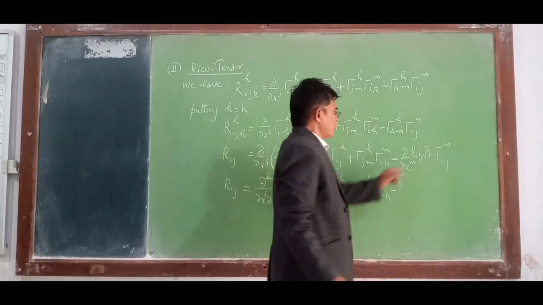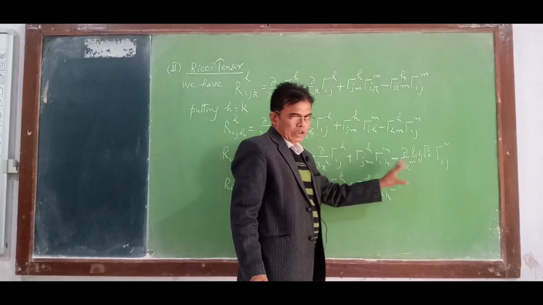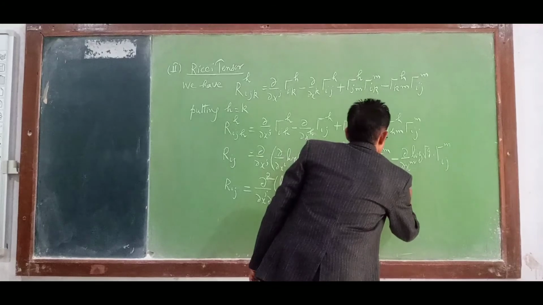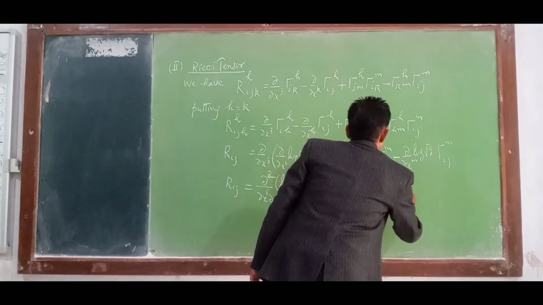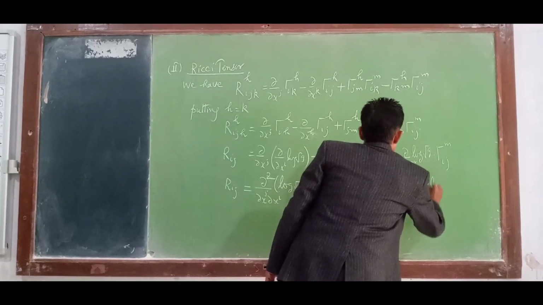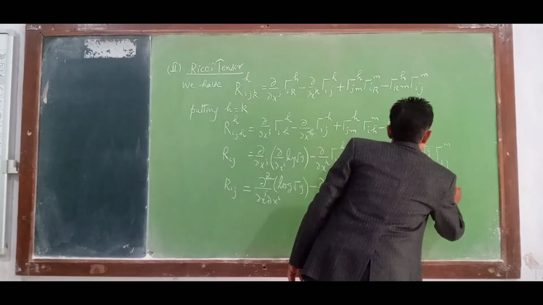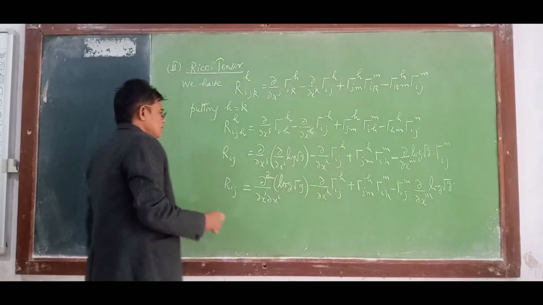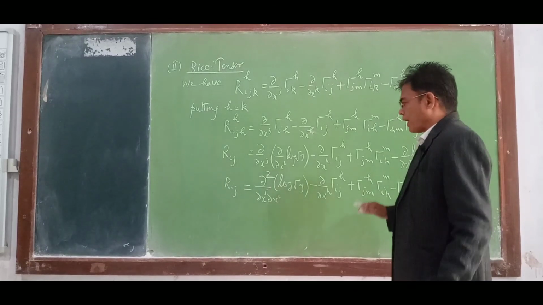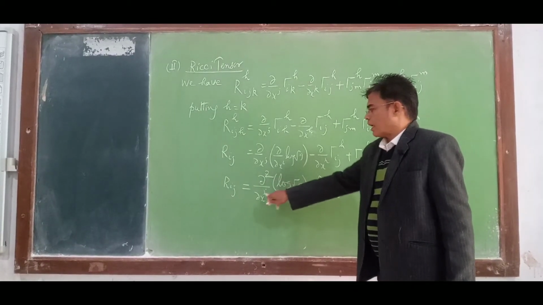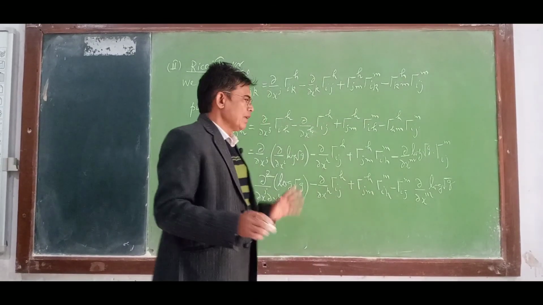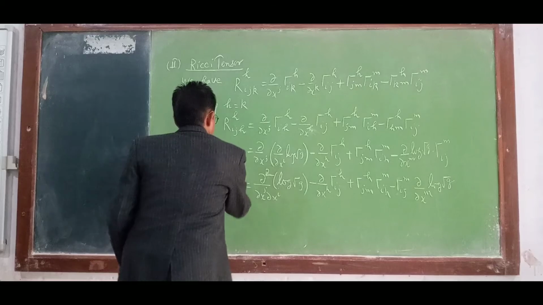We can write the last term this way because these are in a product, so A·B is equal to B·A. We can also write ∂²/∂x^i∂x^j, because second order partial derivatives commute. So this is the definition of the Ricci tensor.